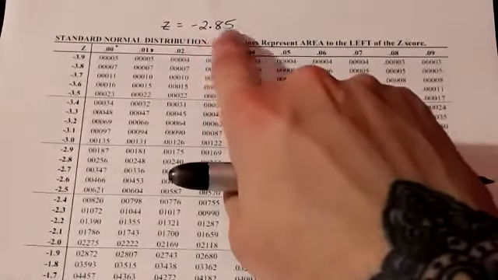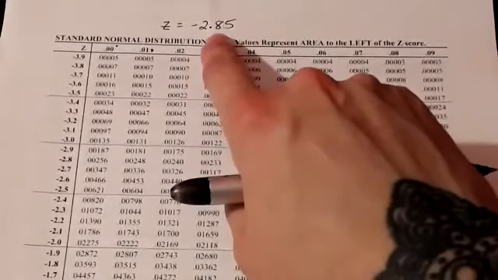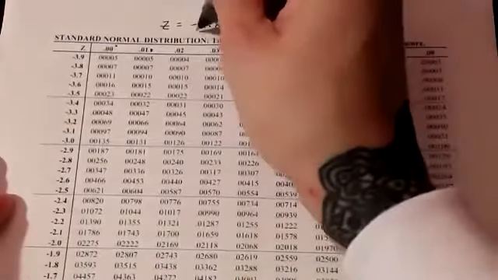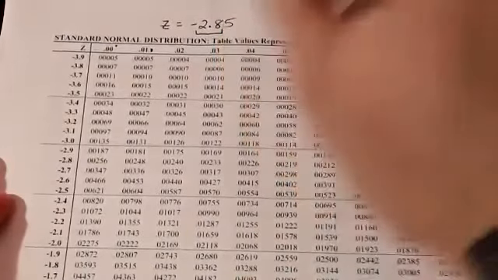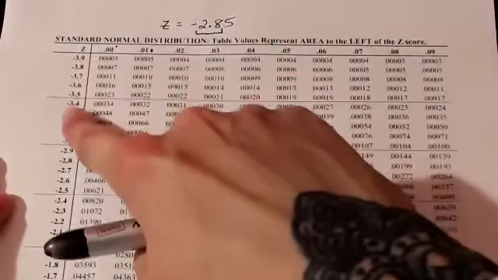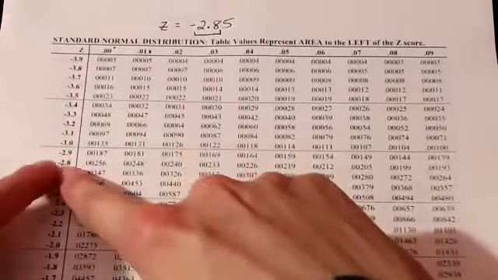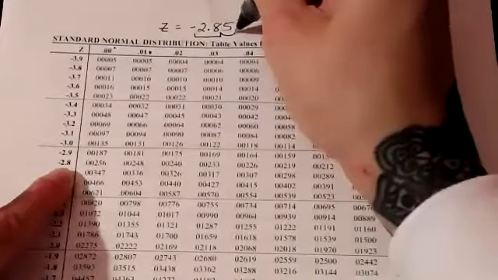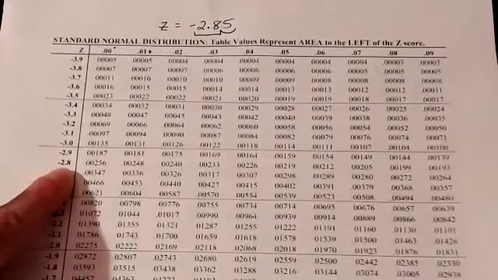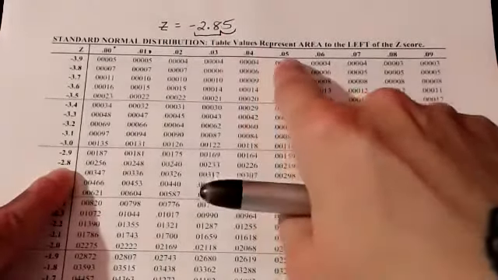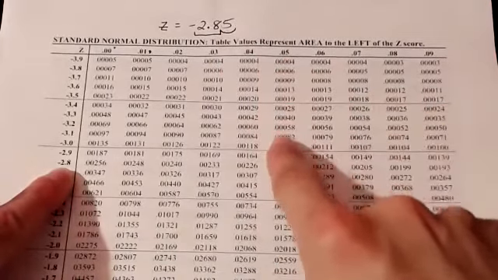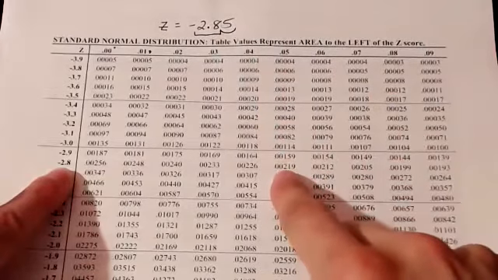So let's say we want this z-score. You're going to start off by seeing, do you notice that these first values right here are in this vertical column? So we're going to go to negative 2.8. Do you agree that the hundredths place is the 5? So we're going to go to where the 5 is. Yes, but how did you get to 5?